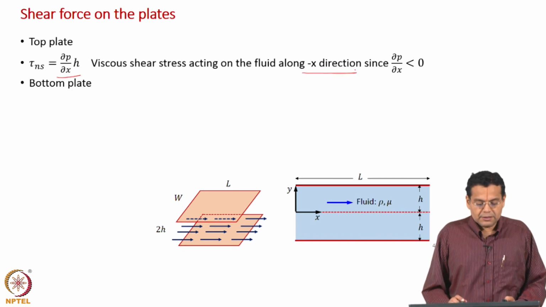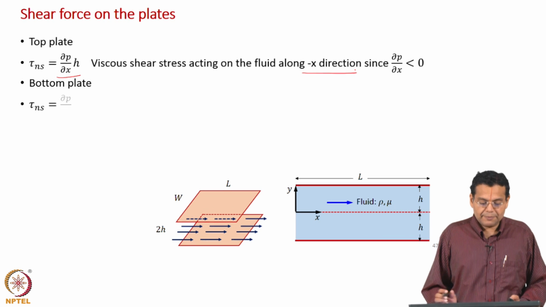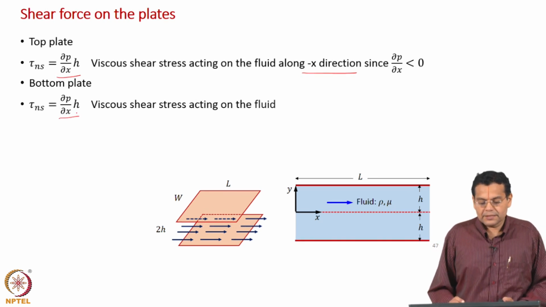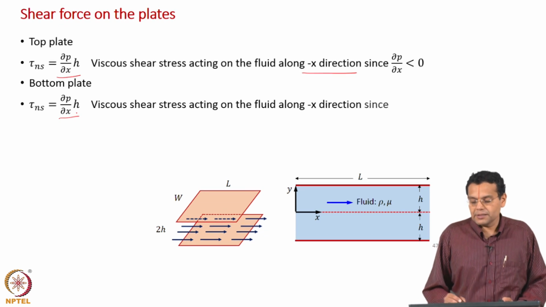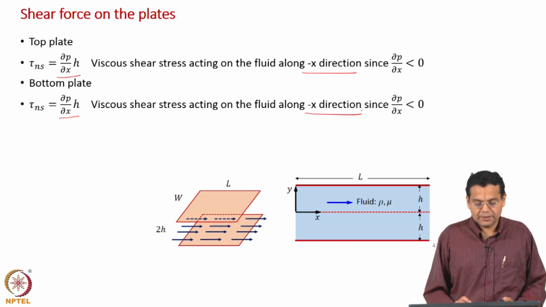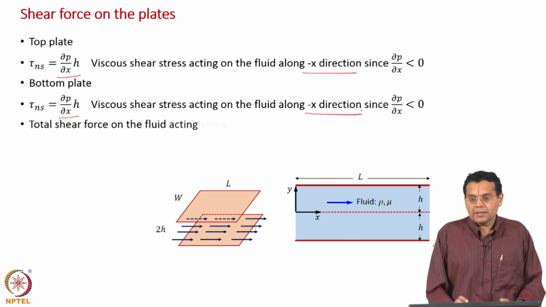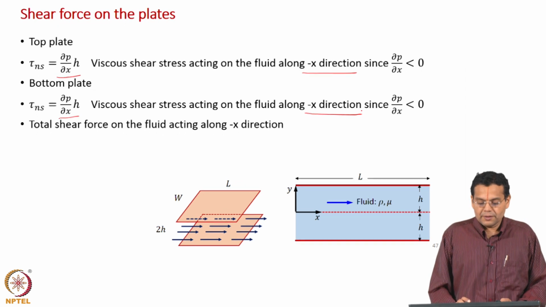Similarly, for the bottom plate the same expression was obtained, and the shear stress acting on the fluid is along the negative x direction. Now, we will find out the shear force acting on the fluid. How do you find out?